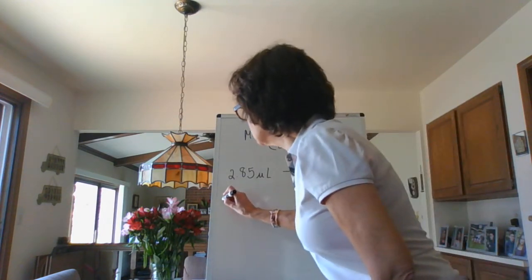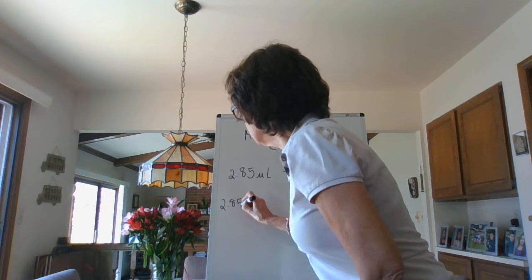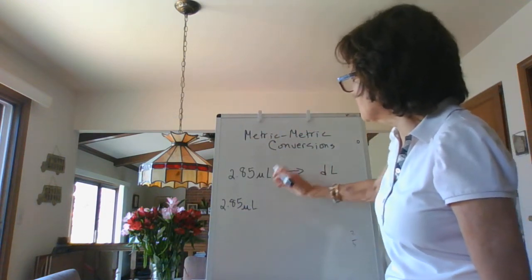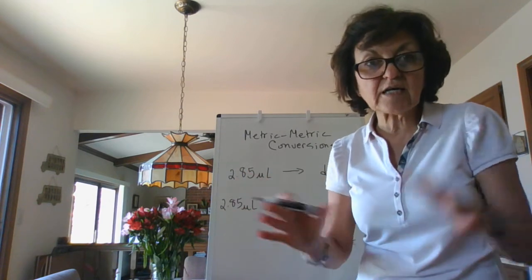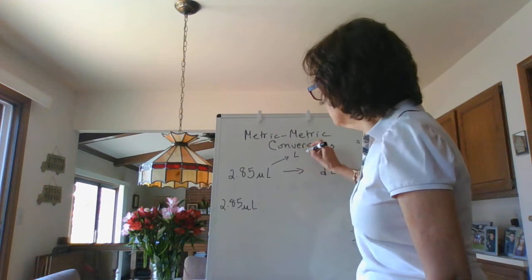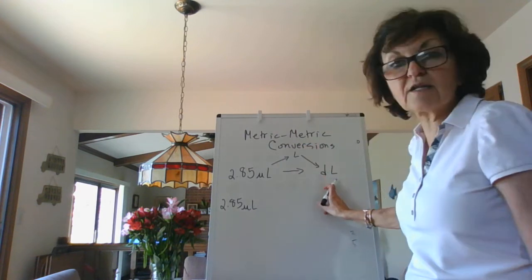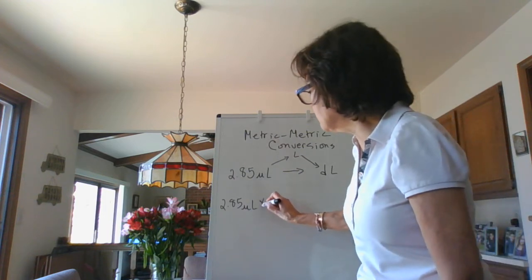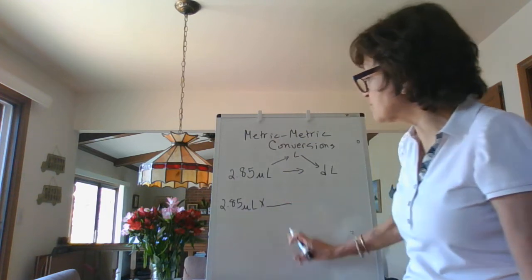All right, so we're going to write this down, 2.85 microliters. This is a prefix and this is a prefix. So in order to do dimensional analysis correctly, let's go from the prefix to the base unit and then to the next prefix. I'm going to go from microliters to liters first.